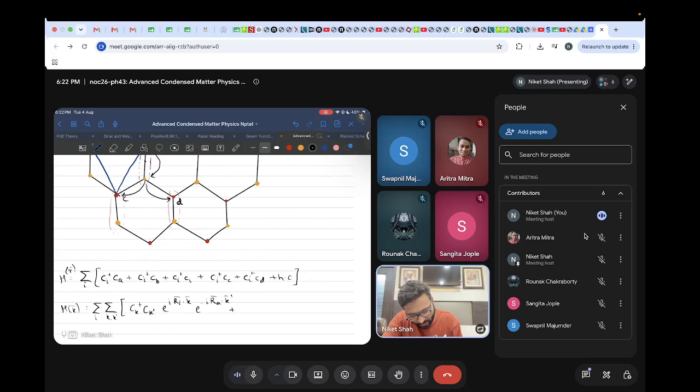Oh, by the way, there is also T. T is the hopping constant, of course. So similarly, I'll write it for the other terms as well.